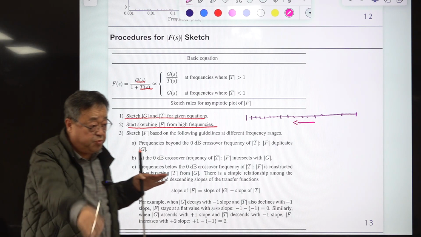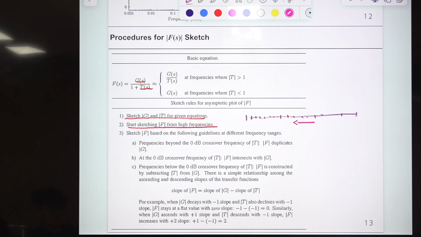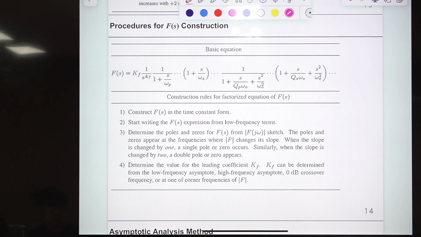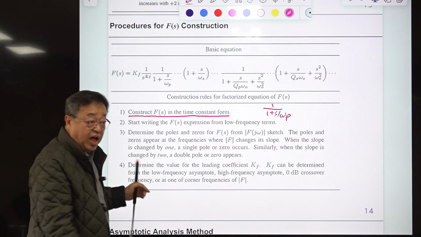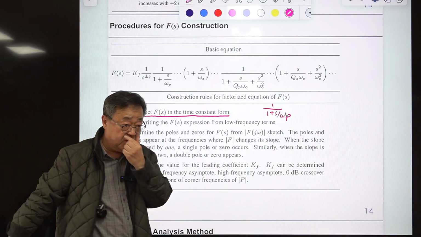And if you finish sketching the asymptotic plot of this function, then you should convert that into the transfer function, and this is the rule. And two important rules: express them in time constant form. For example, like this, okay? 1 plus s divided by something, not s plus something, okay? This is the frequency form, this first form.